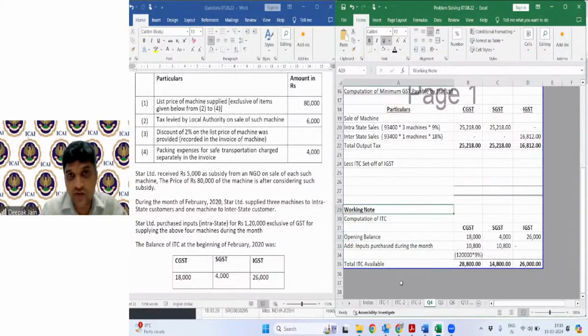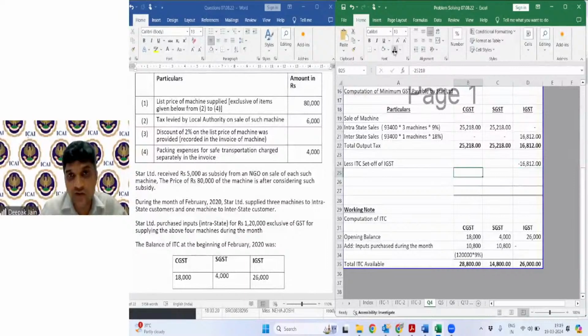Now I have to offset the ITC in the best possible manner. Right? So what will I do first? First, IGST has to be claimed against IGST. We remember the table, right? First you have to clear off the IGST. 26,000 rupees balance है, उसको यहाँ पे clear कर देते हैं. Liabilities of 16,812. Fully IGST I will clear.